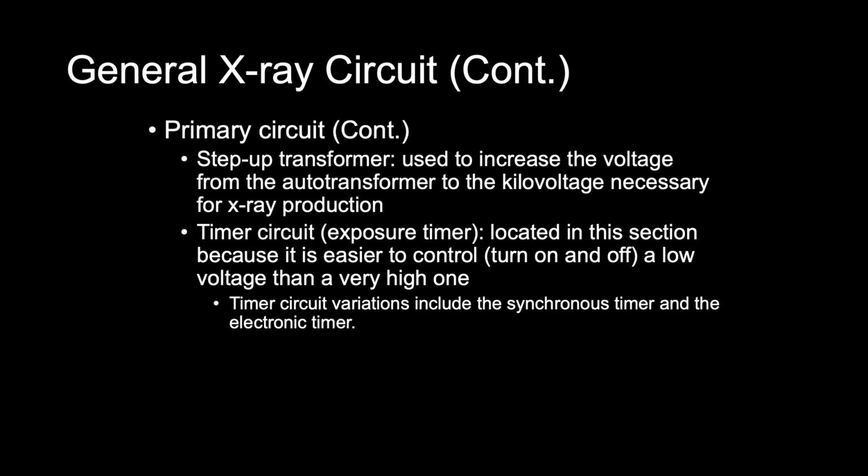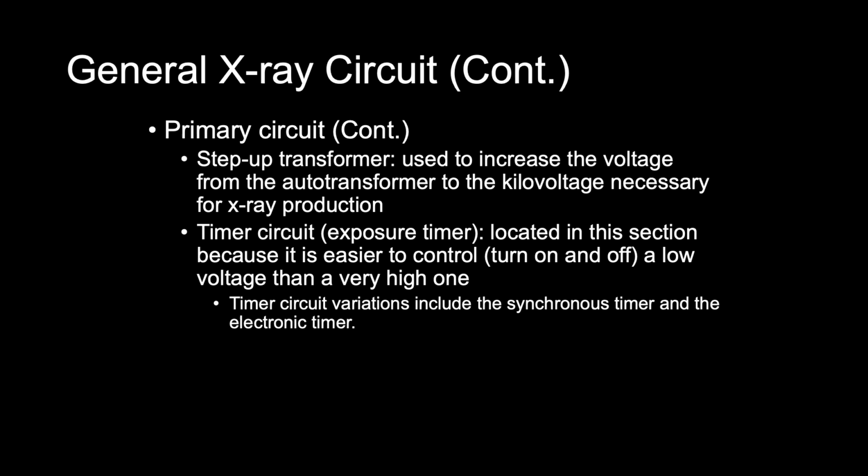The step-up transformer is used to increase the voltage from the auto transformer to the kilovoltage that's necessary for X-ray production. So this transformer is the dividing line between the primary and secondary circuits. The primary coil is in the primary circuit and the secondary coil in the secondary circuit.